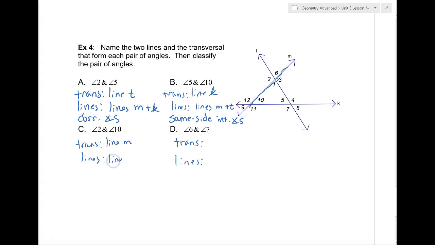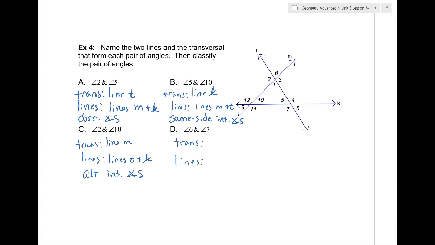So we know that our lines are T and K. 2 and 10, guys. What shape do they make? The Z shape, which means they're alternate what? Alternate. Notice my abbreviation. Do you have permission to abbreviate like that as well? Guess what? Yes, otherwise you're writing forever. So alternate interior angles.